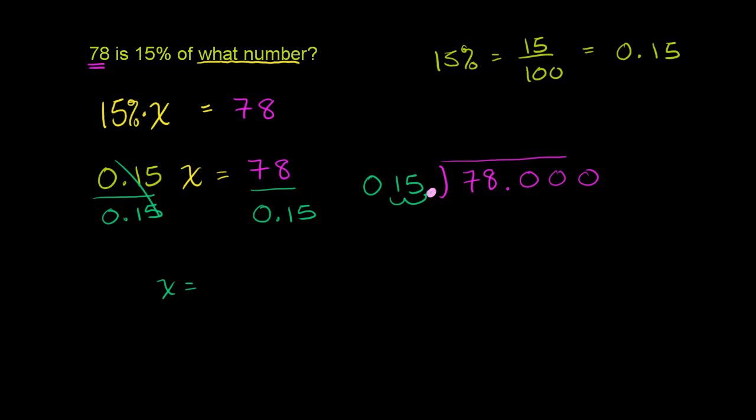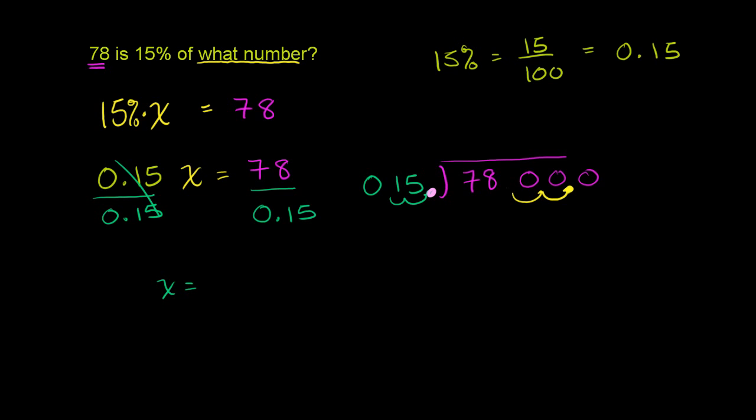So if we move the decimal 2 to the right, 1, 2, it becomes 7,800. So one way to think about it, 78 divided by 0.15 is the same thing as 7,800 divided by 15, multiplying the numerator and the denominator by 100.